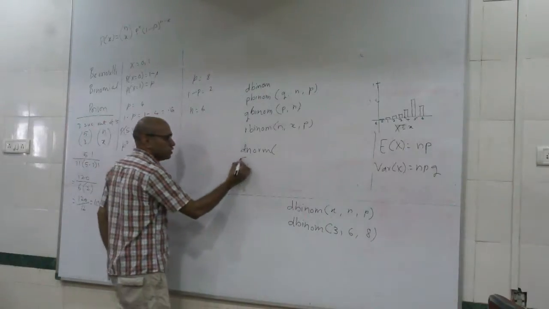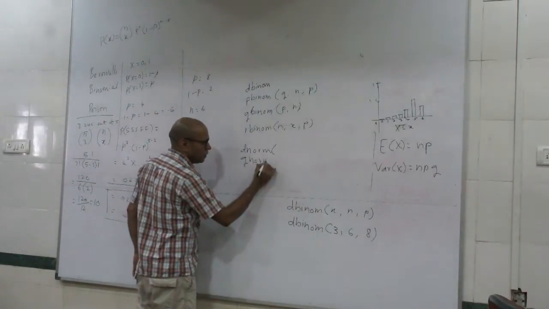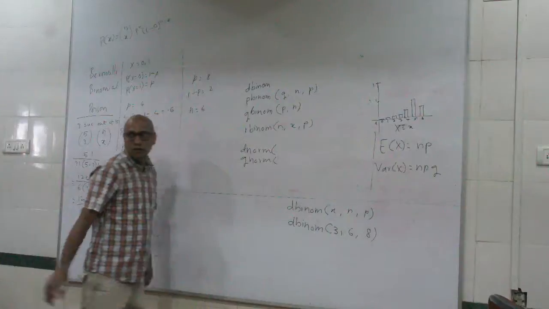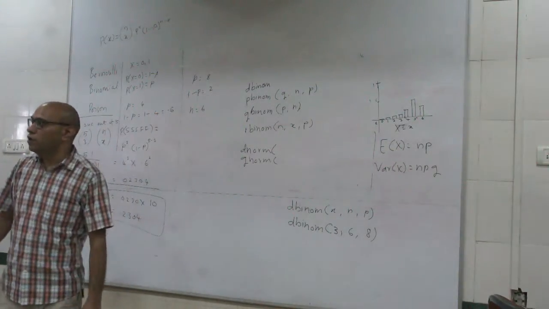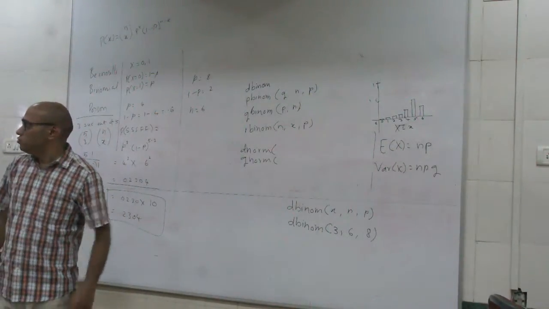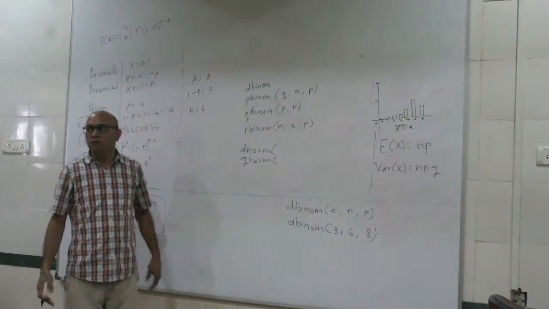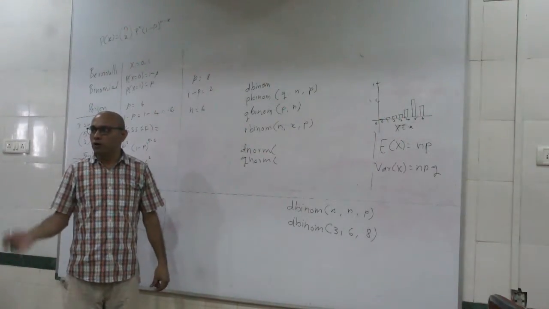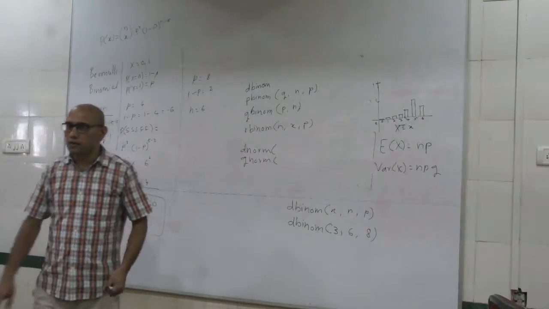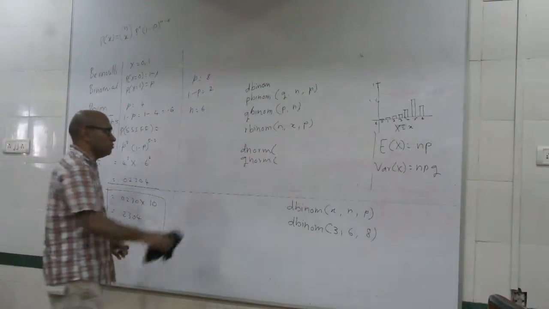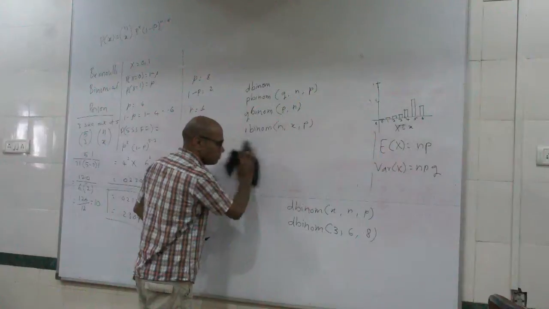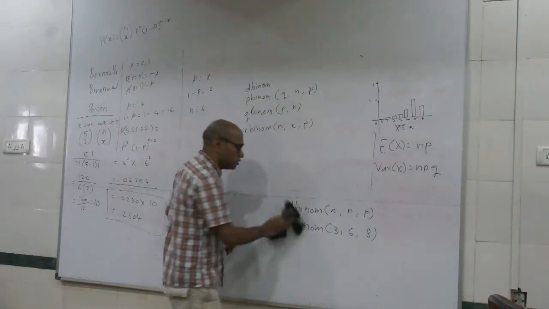So I also get qnorm, and I specify the parameters for qnorm, and I get it. So for each of the distributions, for example for Poisson, I write dpois, and I get the density of the Poisson distribution, right? So this is a simple thing in R which you can do.